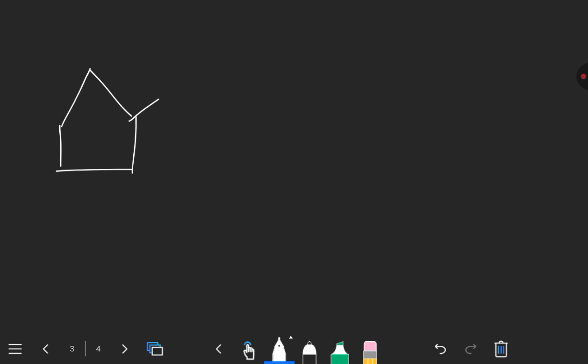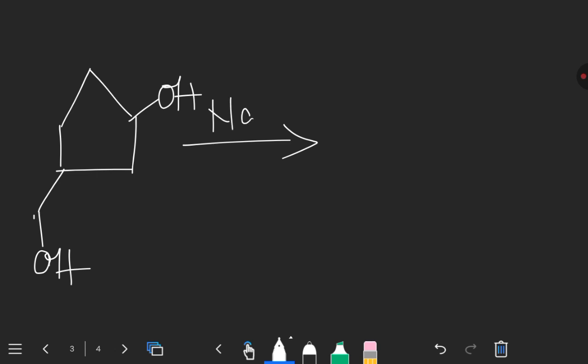Let's just look at another one. Let's say we have this. Then the reagent we have is this.